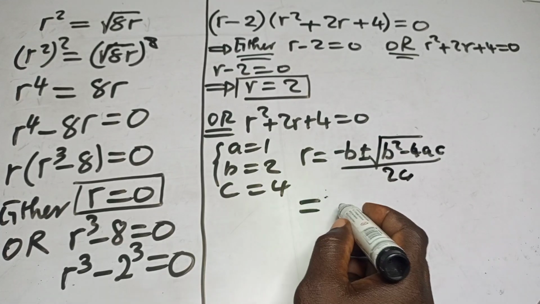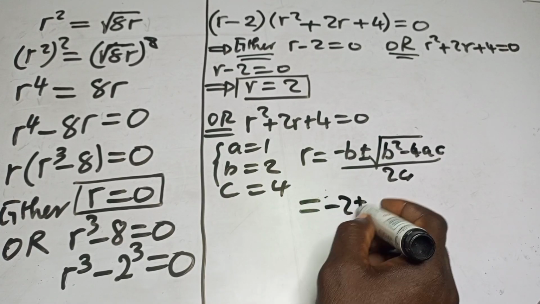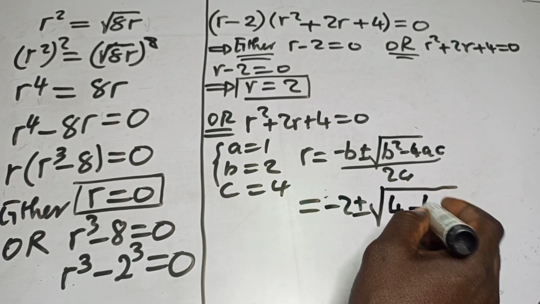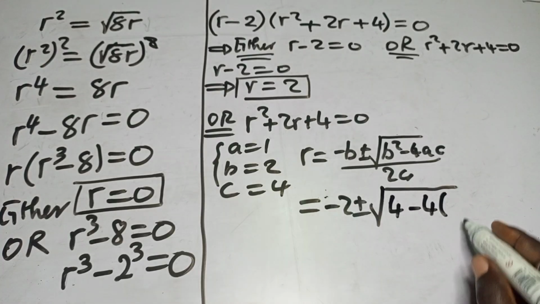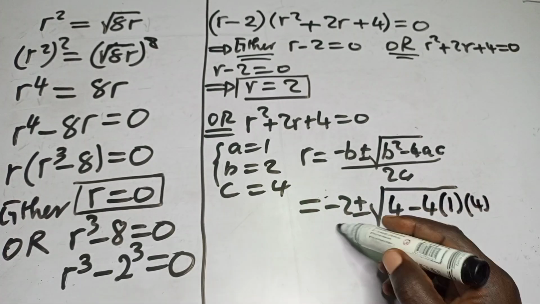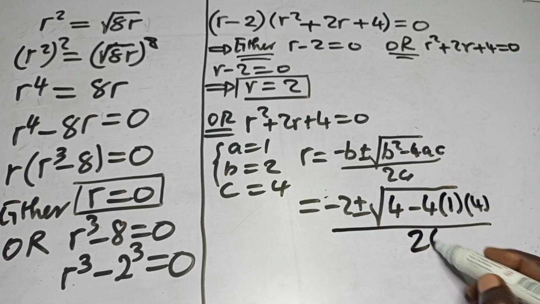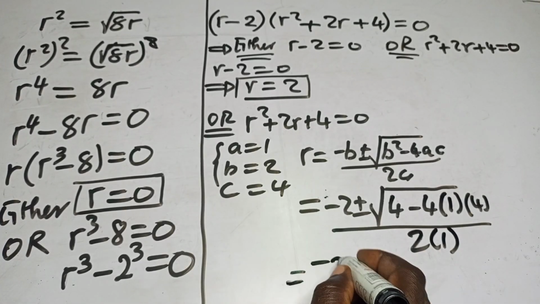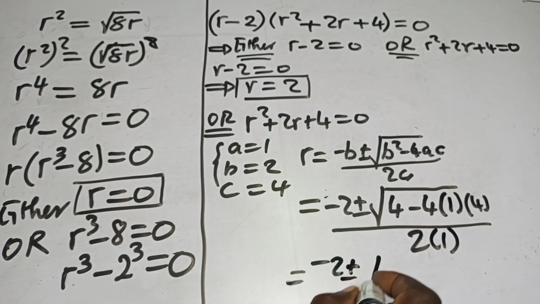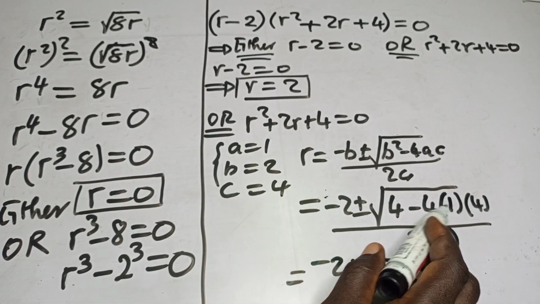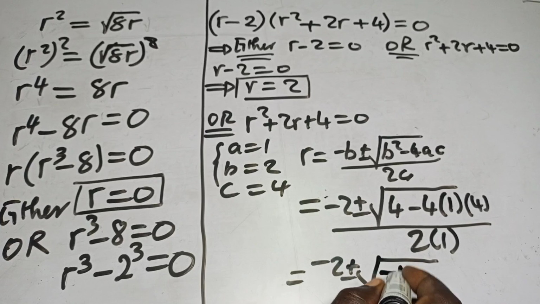So if we put in our values carefully, we're going to have negative 2 plus minus the root of 2 squared is 4 minus 4 into our A is 1 and our C is 4. All of that divided by 2A. This gives us negative 2 plus or minus the square root 4 minus 16, because 4 multiplied by 4 is 16. 4 minus 16, negative 12, all over 2.